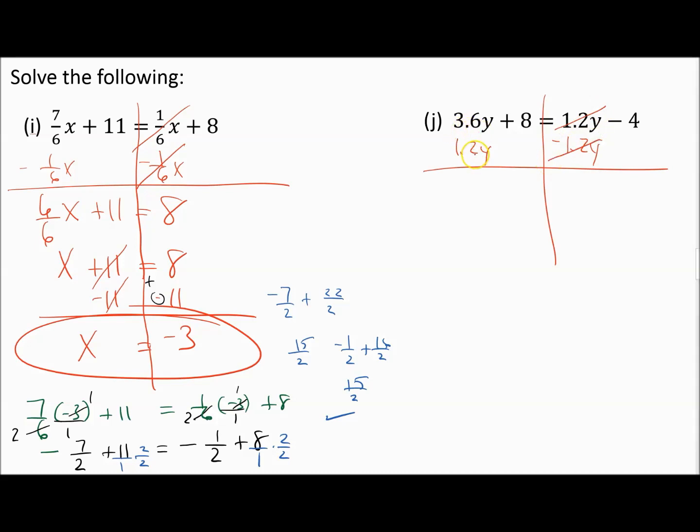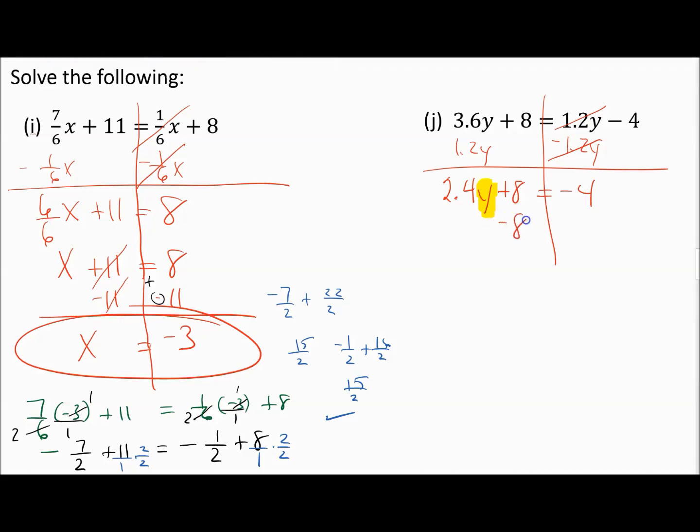3.6 minus 1.2, or 3 6/10 minus 1 2/10, is going to be 2.4y, or 2 4/10, plus 8 is equal to negative 4. Now it's what we call a two-step equation. So I need to subtract the 8, because remember I'm trying to move values away from the y.